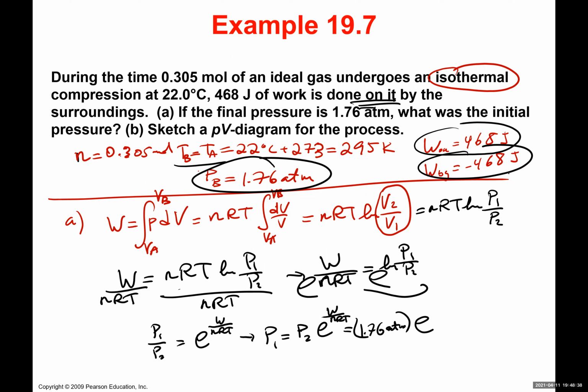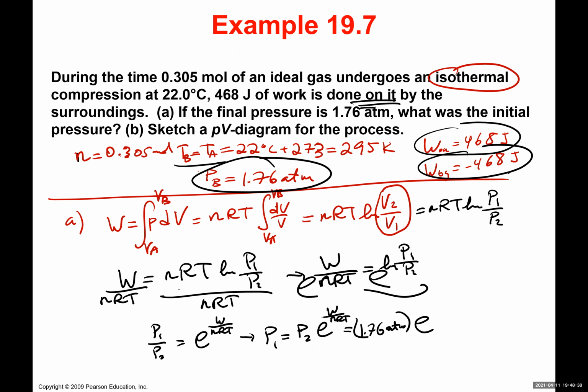So my pressure increased and my volume decreased, VA to VB. That's why it's a compression. Every time you have a compression, you will have an increase in pressure. And if you have a constant temperature, then it's going to go through one of those isotherms. All right, so that's kind of what we have.